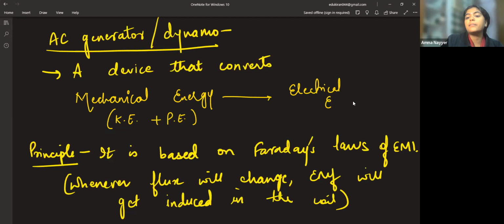This is the basic mechanism behind the AC dynamo, AC generator. In your NCERTs, you will find this topic in EMI only. I am doing it in AC because this is actually a part of AC. You are talking about all the terms which are present with respect to alternating current. That's why.